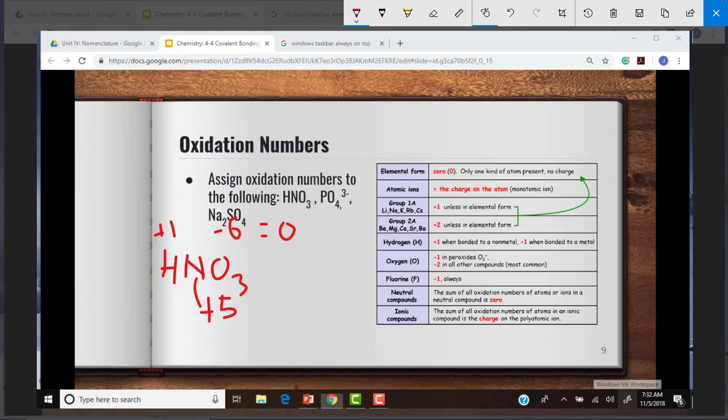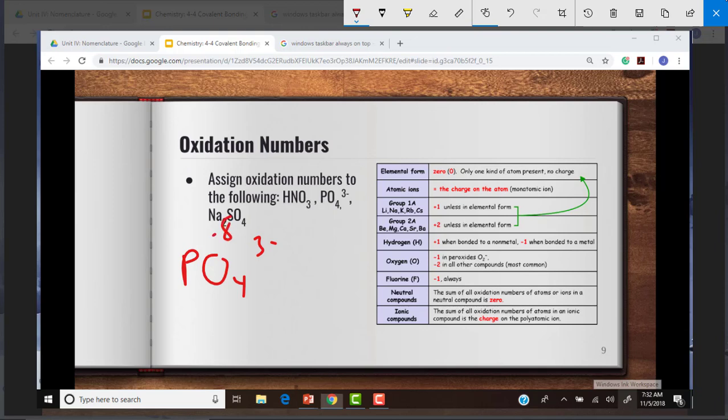Let's look at another problem. PO4 with a -3 charge. So if we take a look at our rules again on the right, oxygen is always a -2. We have 4 oxygens. So 4 times -2, that gives us a total of -8 for our oxygens.